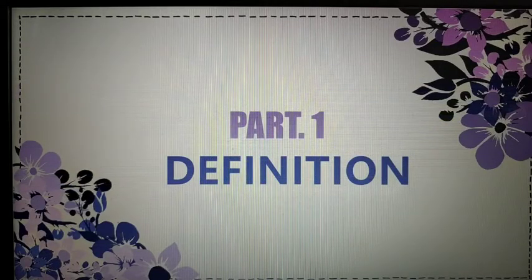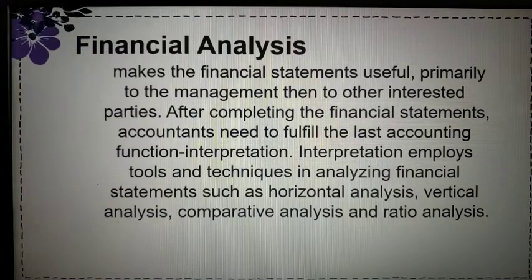So in part 1, financial analysis makes the financial statement useful primarily to the management than to the other interested parties, or shall we say the internal and the external users of the financial statement. After completing the financial statement, accountants need to fulfill the last accounting function, interpretation.